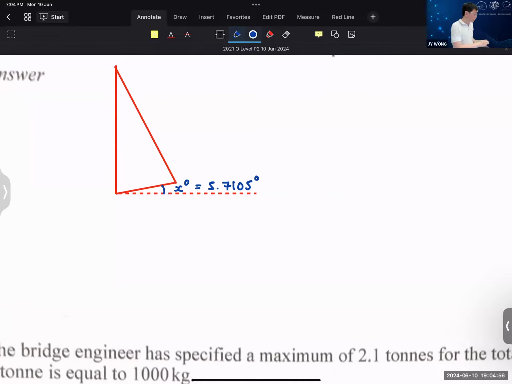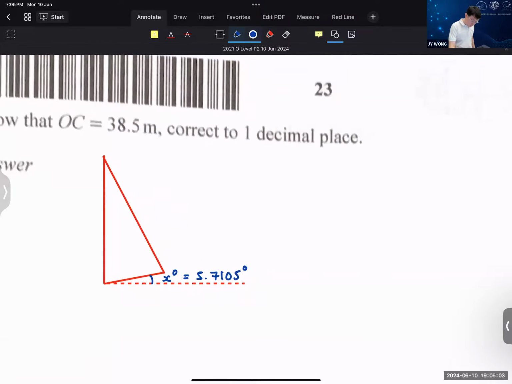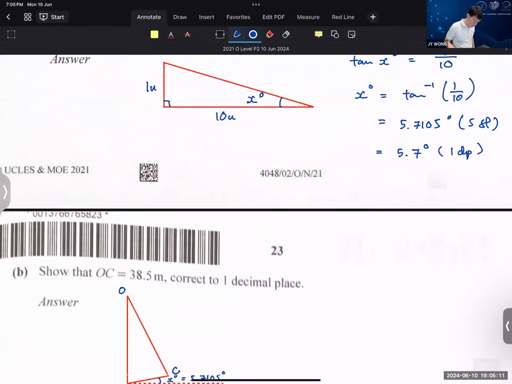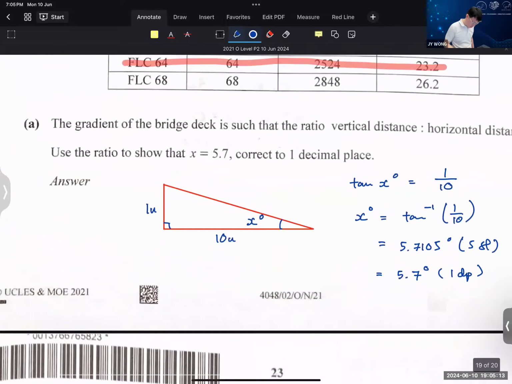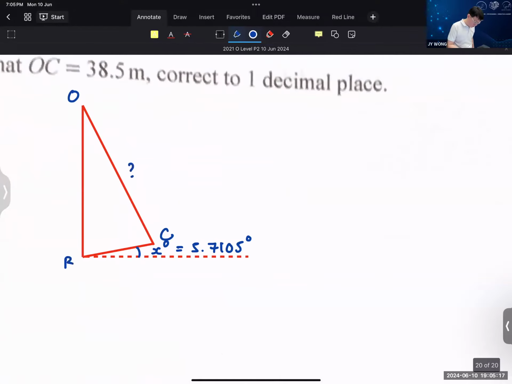Okay. So this is your OC, which is the length they want you to find. This is your question mark. This is B.